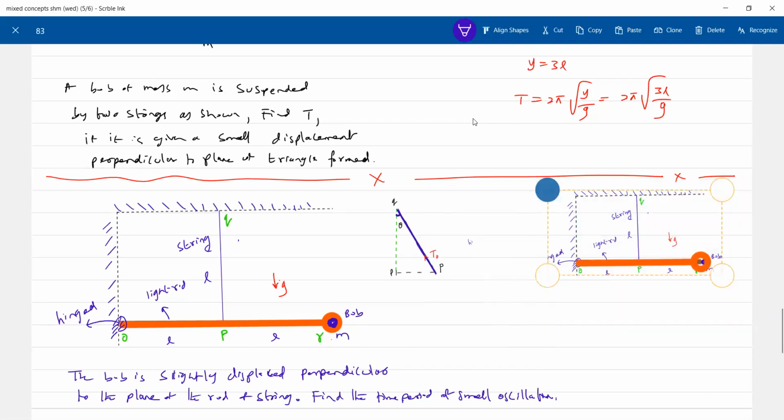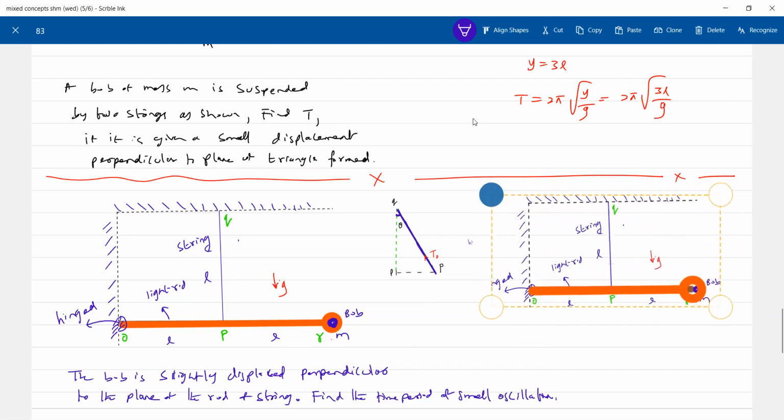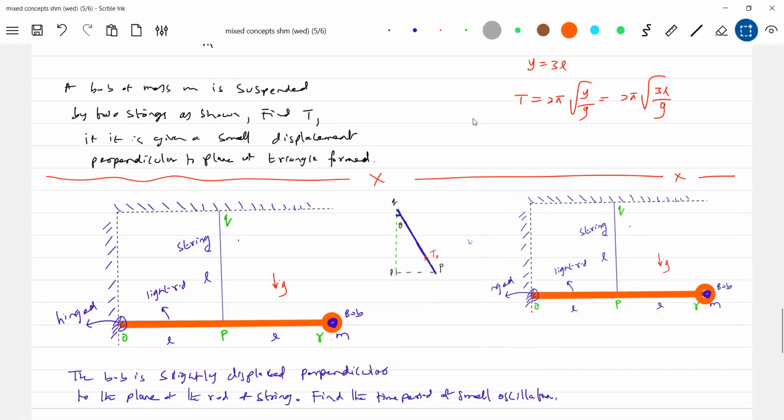Let me show this diagram. I'll magnify. So in this diagram, we'll try to work out. Okay, this much is available. So let's take the condition like this. What to do for this?